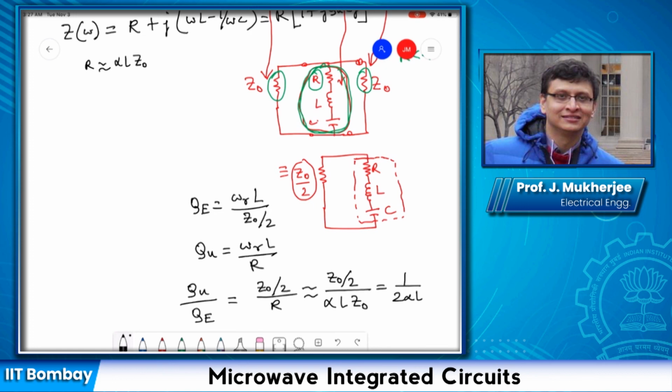Here I have shown what is the value of QE when a series resonator is connected in shunt.